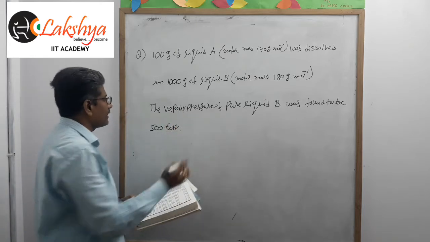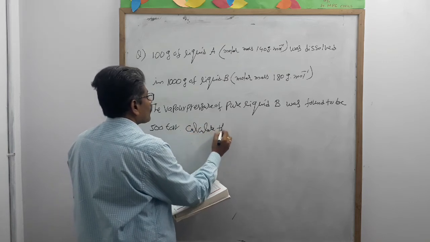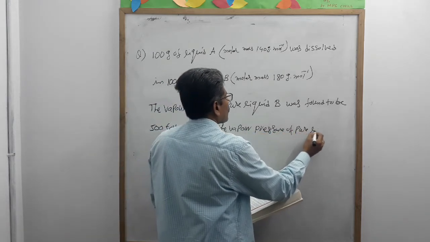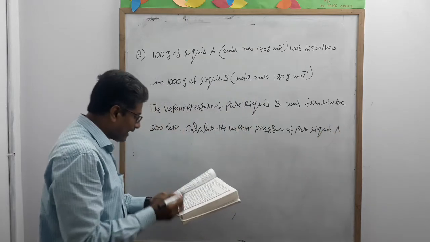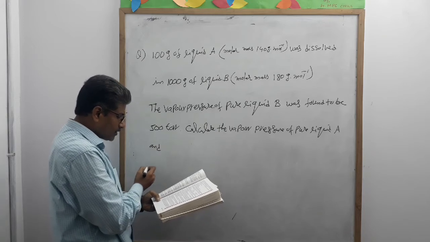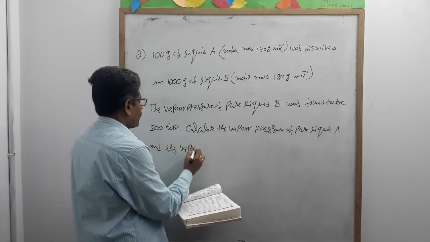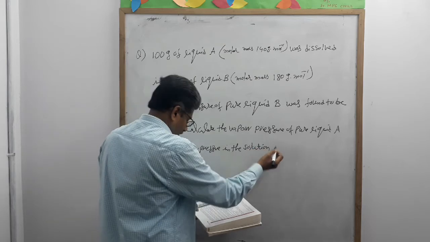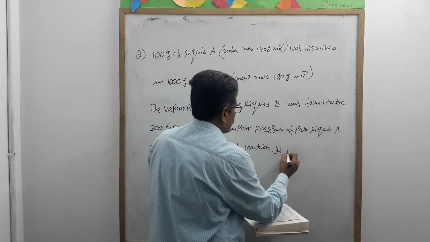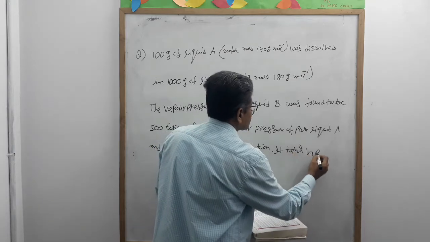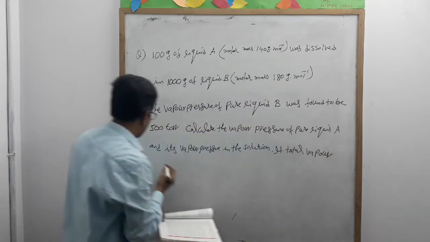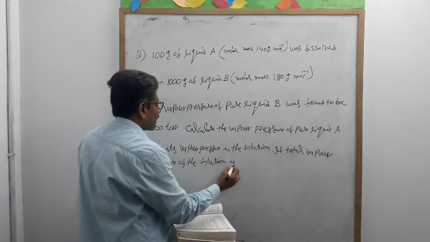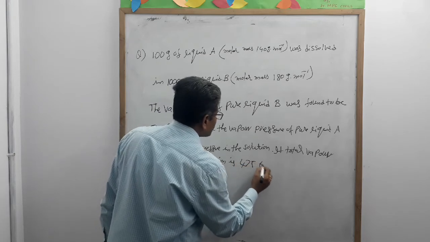Calculate the vapor pressure of pure liquid A and its vapor pressure in the solution, if the total vapor pressure of the solution is 475 torr.